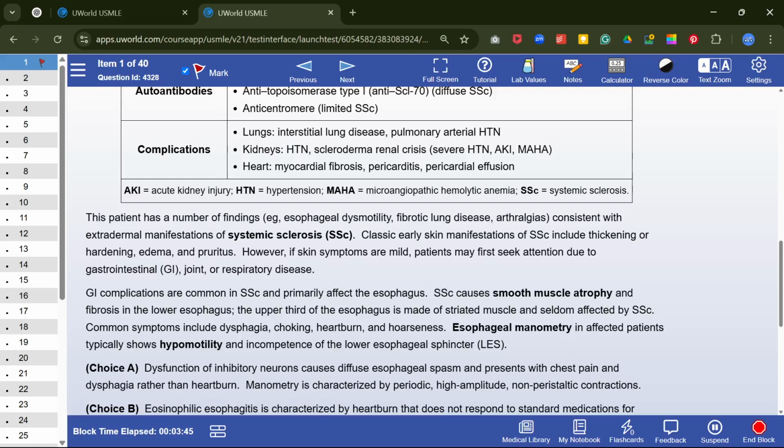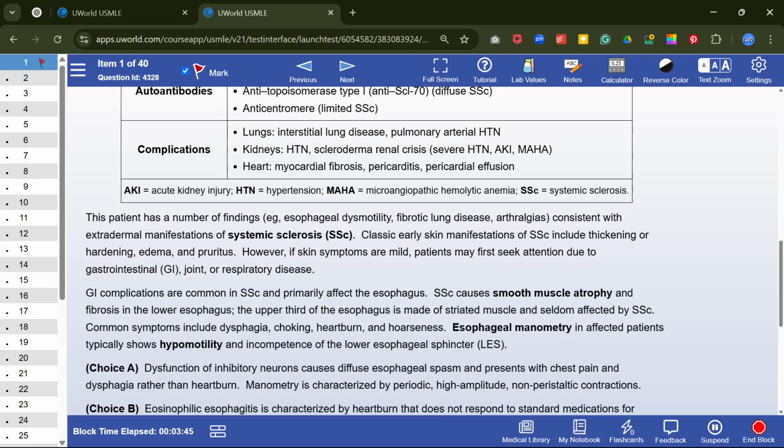Classic early manifestations of systemic sclerosis include thickening or hardening, edema, and pruritus. However, if skin symptoms are mild, patients may first seek attention due to gastrointestinal, joint, or respiratory disease.